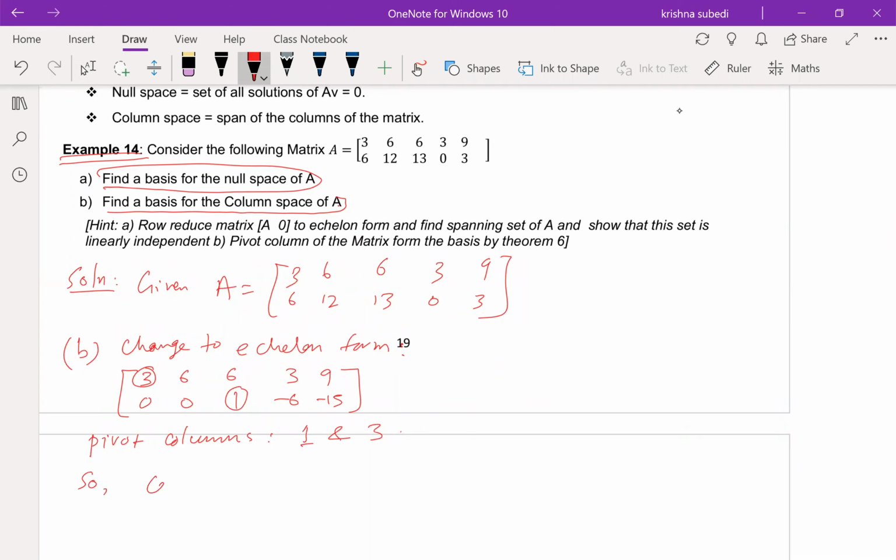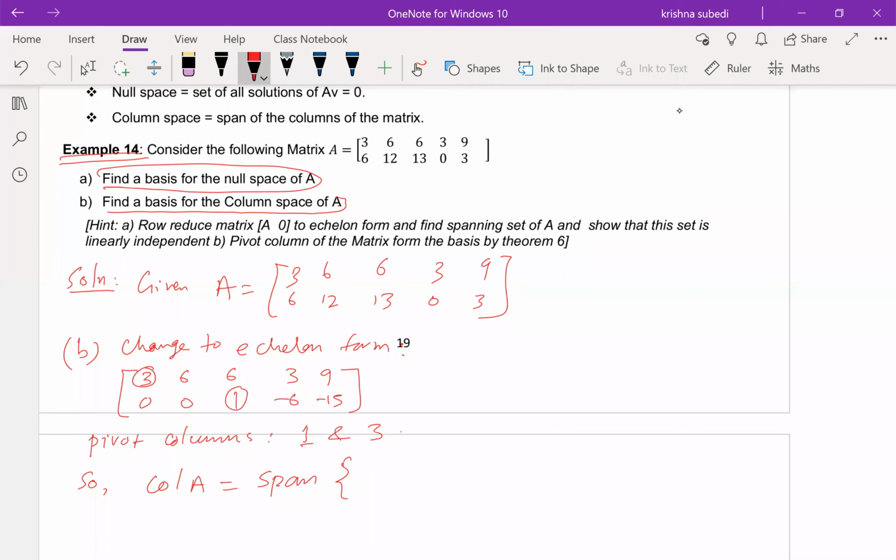So the column space of A is the span of column 1 and column 3 of A. Now you need to go back to the original matrix, by the way, keep that in mind.